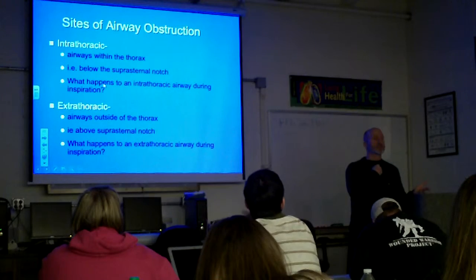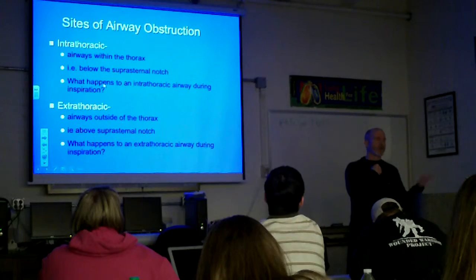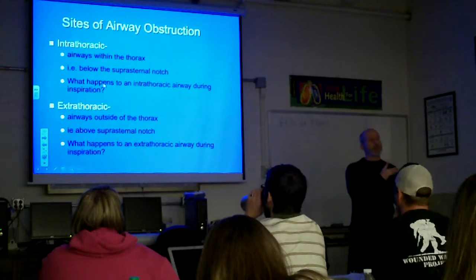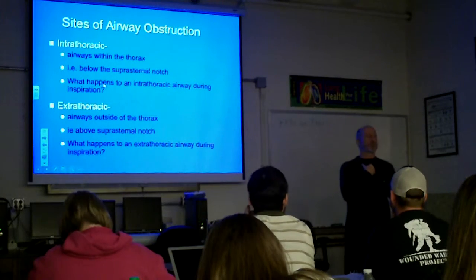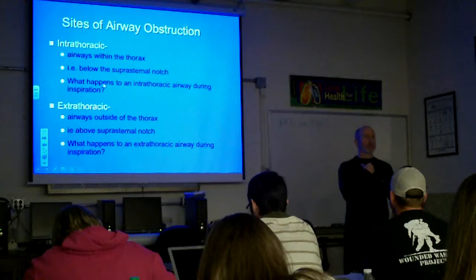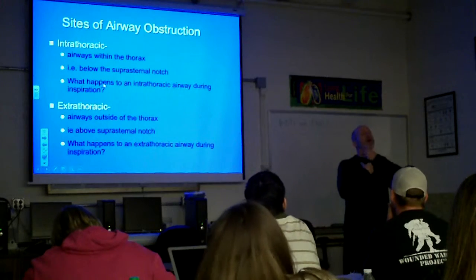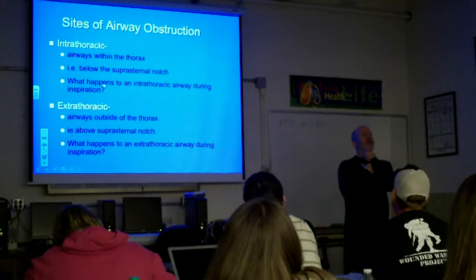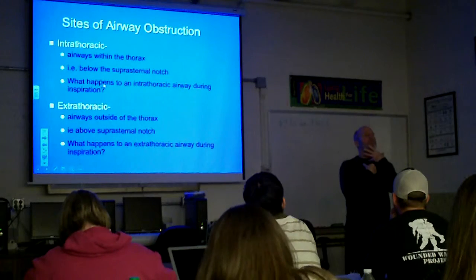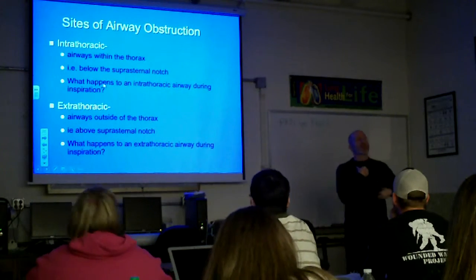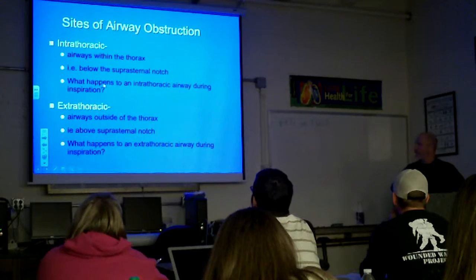When someone first starts snoring, usually as they gain weight, you hear the snoring on inspiration first. Because when you breathe in, the tongue and the structures come together. Then when you exhale, they get bigger in diameter. It's the opposite of what happens inside the chest.